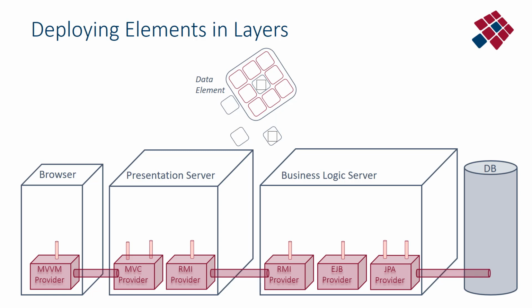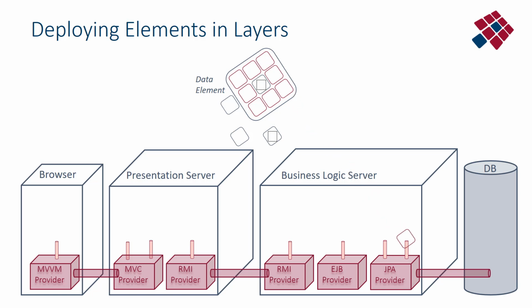The same thing goes for the interface. But for instance, a class dealing with persistency, interconnecting with a persistency framework, would be deployed at runtime in the business logic server, close to the JPA provider, even close to the database.